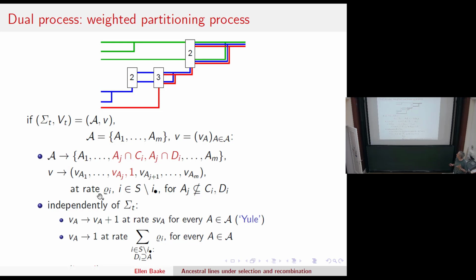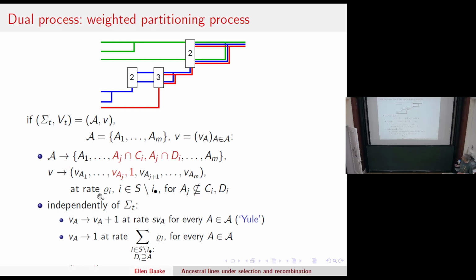So I do not mean cases where the block is completely contained in the head or completely contained in the tail. I want to see true splits. And when that happens, then the head part walks away with the weight of the previous block A_j, and the tail part starts again with weight 1. So this is exactly what we see here, right? The head lines just go through, they are not affected, and the tail just starts again with a single copy attached below.